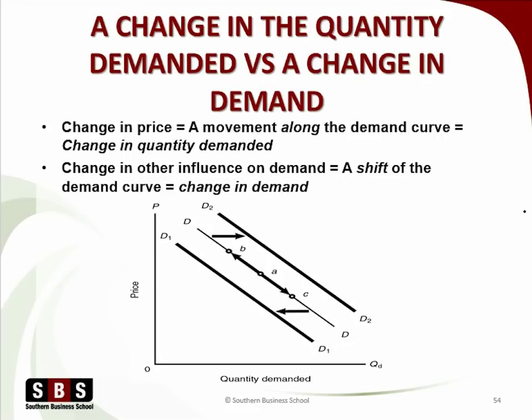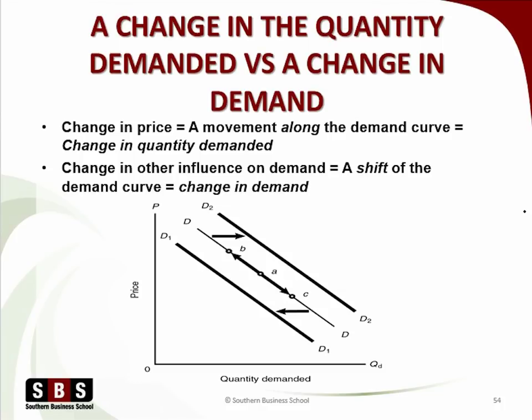Then, if you're asked to show the difference, you can show it on one graph. There's the movement along the demand curve, those arrows there, and then the shift obviously is either up or down. So you may be asked to illustrate it, just like in the assignment. Or you may be given a value where, say for instance, the price increases, what's going to happen to the quantity?